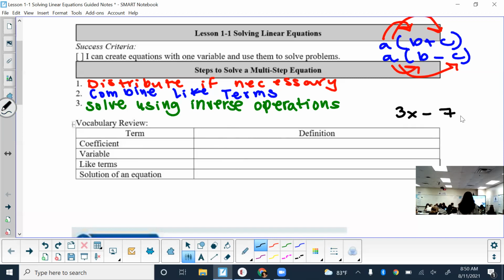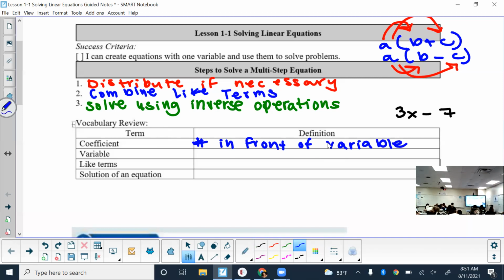What number in there would be a coefficient? Yes? Okay. The number with the variable. So coefficients are numbers in front of the variable, like 3 in this example. Any number that you have in front of a variable is called your coefficient.